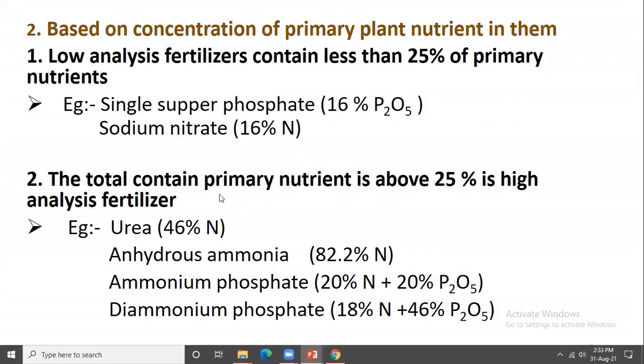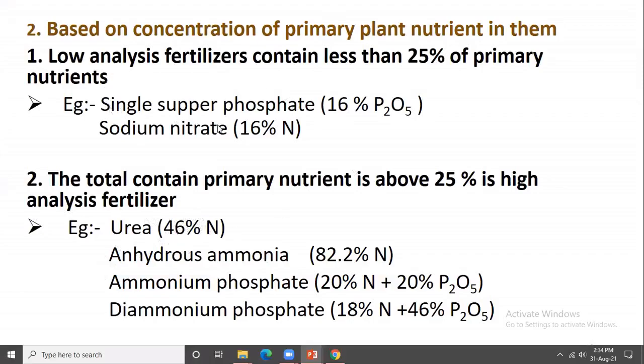Then the second one: total primary nutrients above 25%, or higher than 25%. It is urea, anhydrous ammonia, ammonium phosphate, diammonium phosphate. No need to memorize percentages like 82%, 20 and so on. Chemical formulas are also not needed. You only need to memorize how much nitrogen urea has, only 46%.